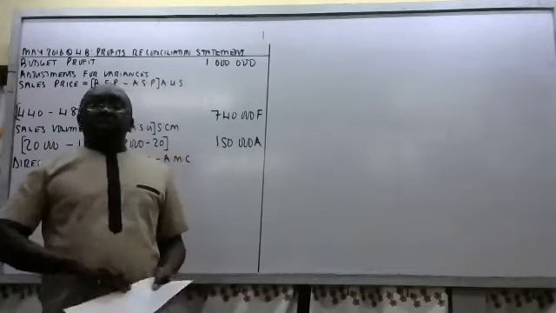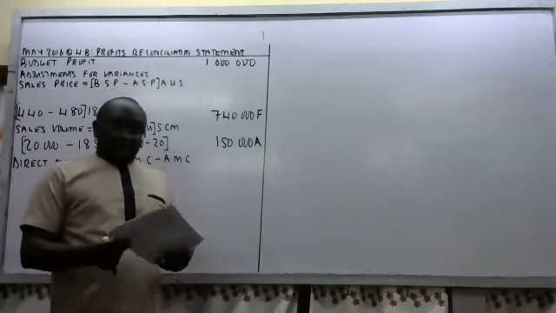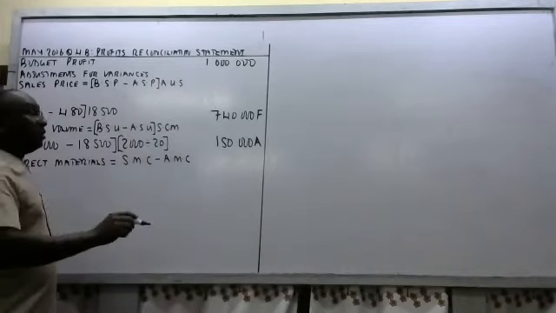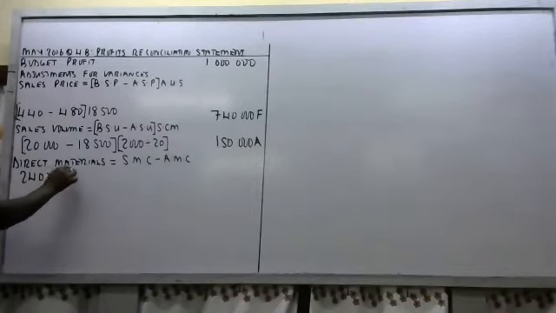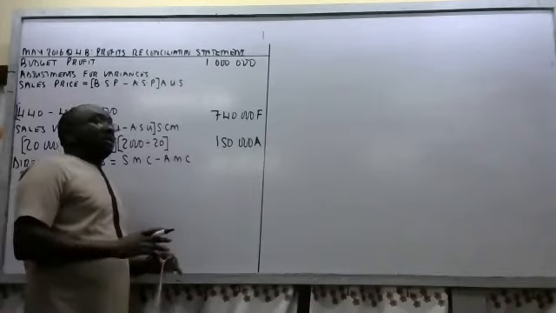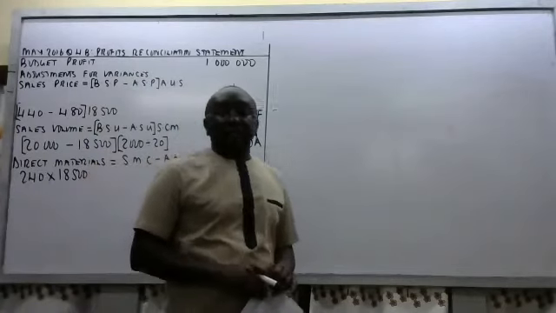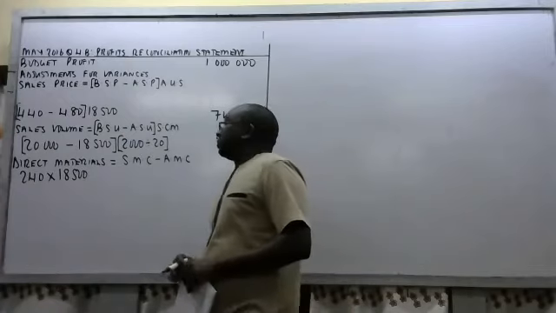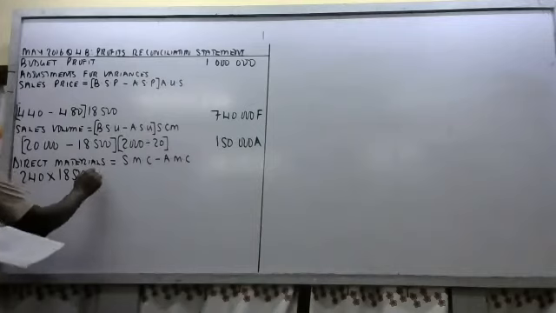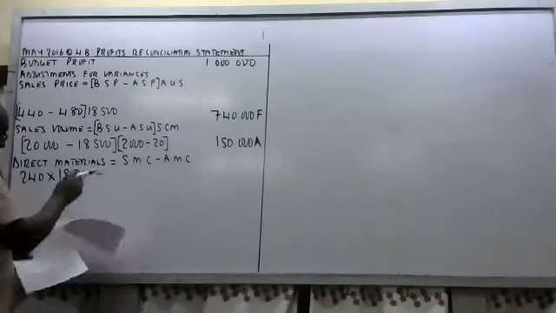You go to the original budget and find that 1 unit was supposed to cost us 240, multiplied by the units produced, because there are times the units produced and sold are different. So you now minus the actual material costs.